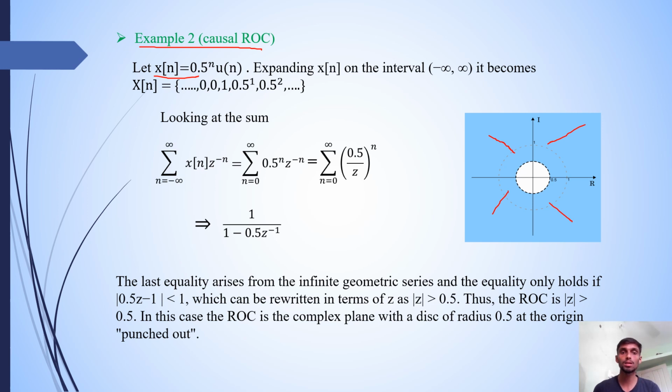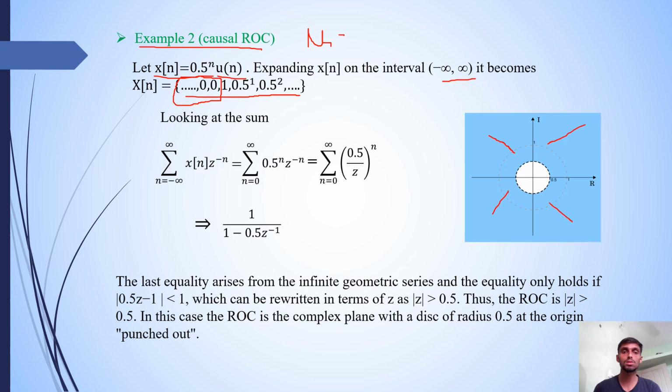n. Expanding x of n over the interval minus infinity to plus infinity, it becomes 0, 0, 1, 0.5, 0.5 whole power. Here the zeros are obtained in the negative part because of u of n. u of n is the condition n is equal to 1 when n is greater than or equal to 0, and n is equal to 0 when n is less than 0.